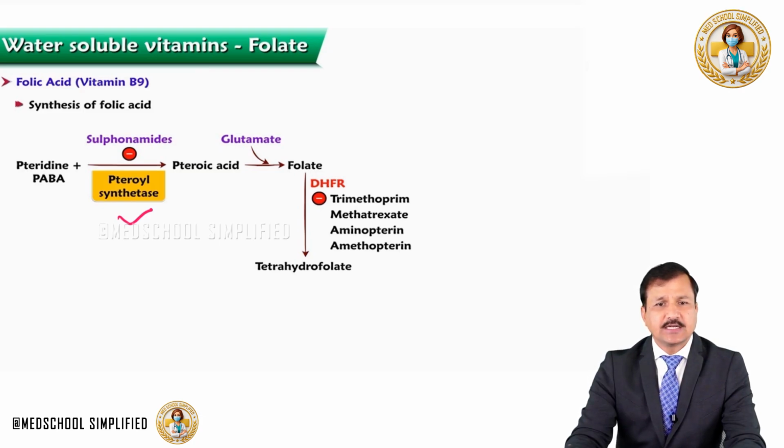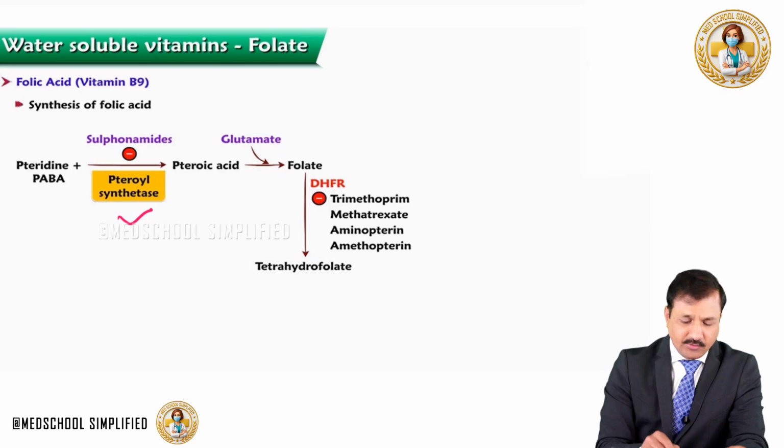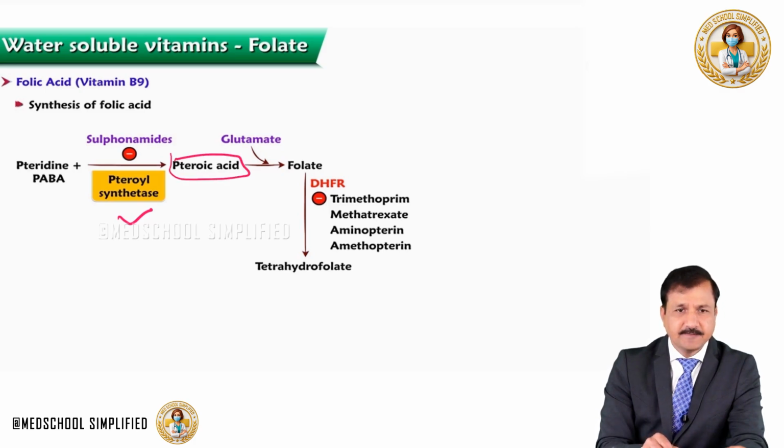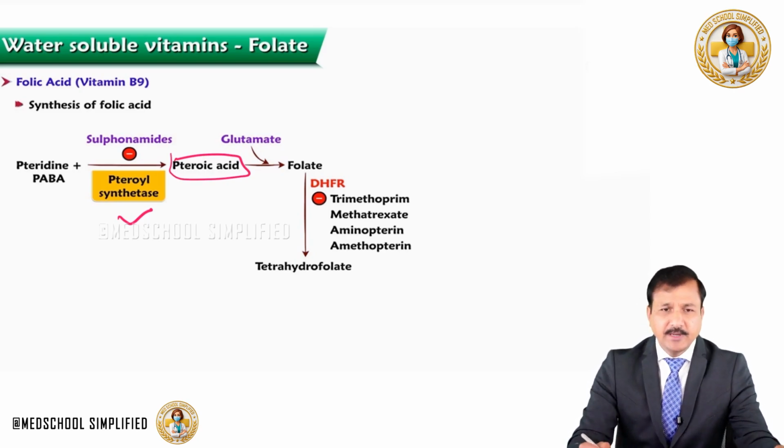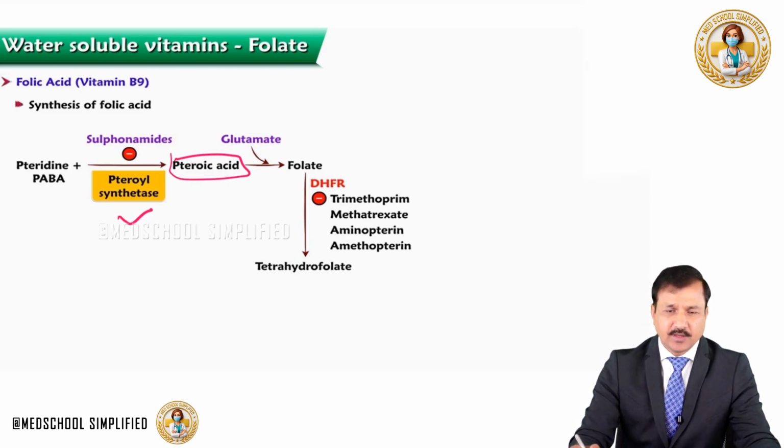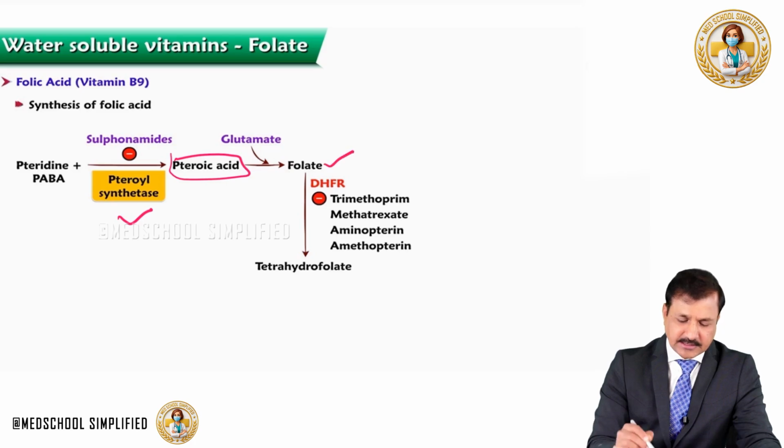This enzyme condenses the pteridine ring with para-aminobenzoic acid to make pteroic acid. And once we get pteroic acid, it will be attached with glutamate to make folate.